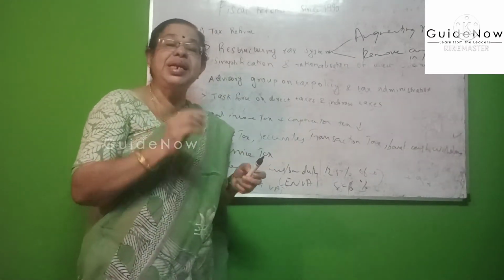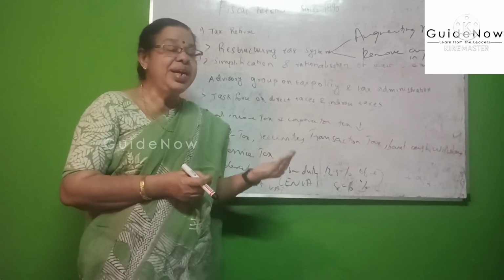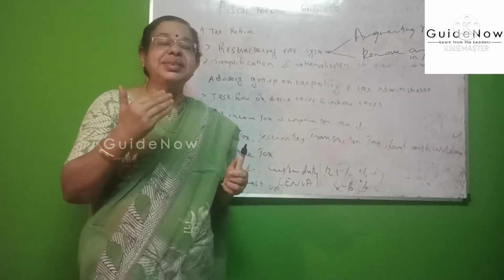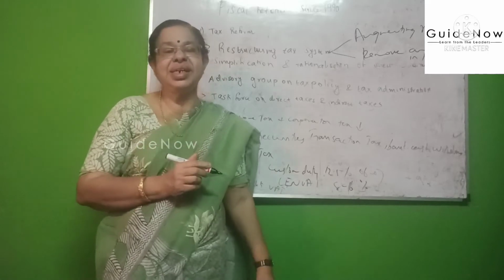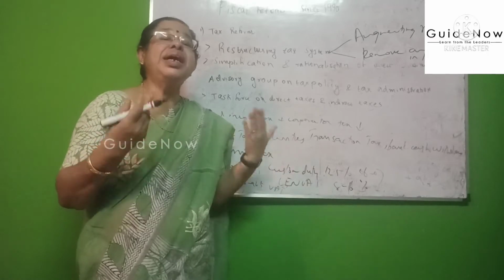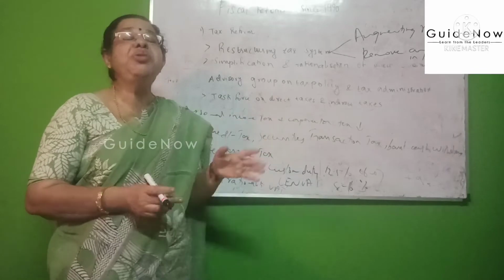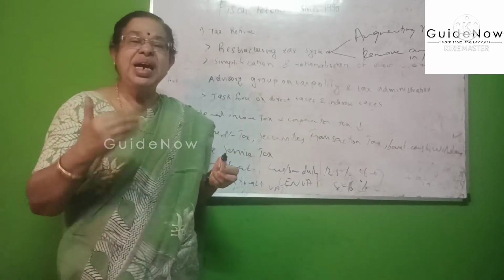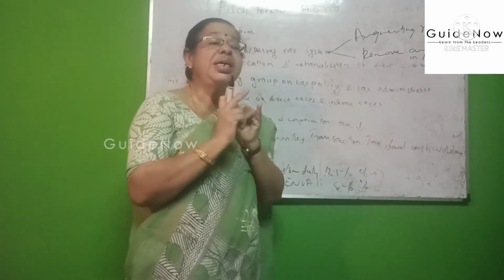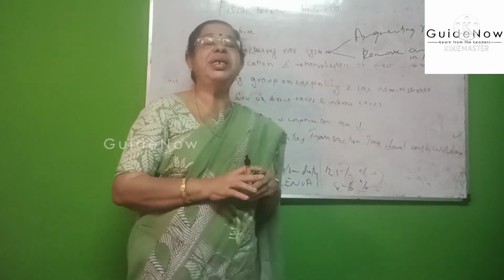For that purpose, the central government introduced fiscal reforms. One is restructuring the tax system. What is the need for restructuring the tax system? In India, there is a need for augmenting revenue. Augmenting means increasing the revenue, and at the same time removing the anomalies, the important problems that existed in the tax structure.